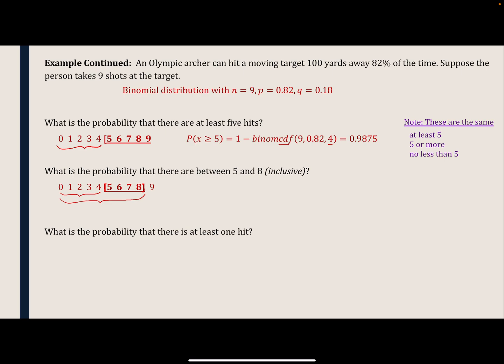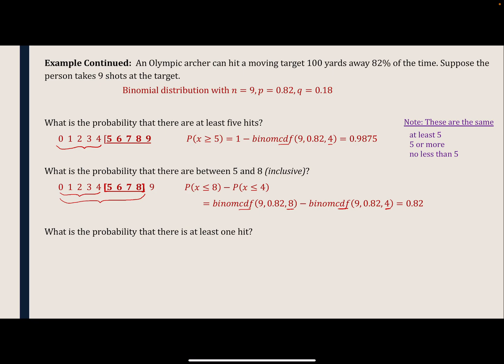So we're going to use the binomial CDF command for 8 and then subtract off the binomial CDF command for 4 because we want to include 5 in our answer, so we don't want to subtract it off. So again, this will be the same binomial CDF, but we're going to use 8 minus the CDF with 4.